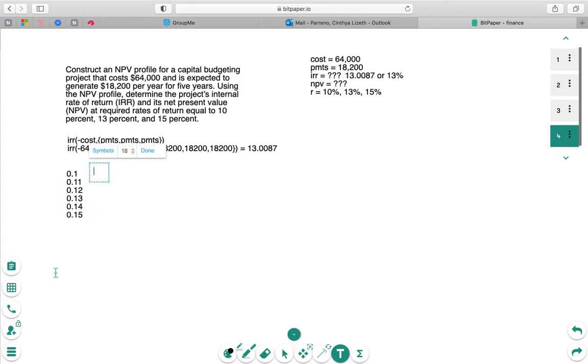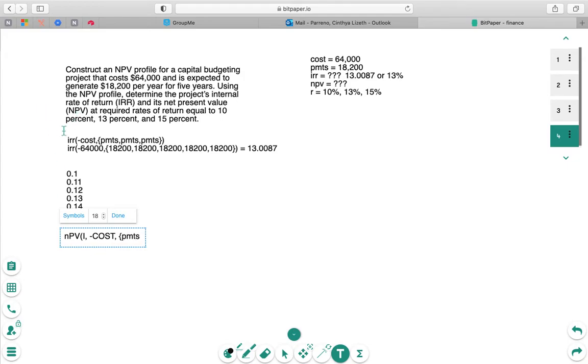I'm going to write down the formula again that I used for NPV. Again, I'm going to the calculator, apps, finance. This time I click 7, which is the NPV. The formula is NPV, I or R, comma, negative cost, comma, bracket, and then your payments.